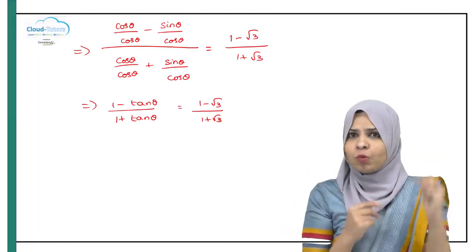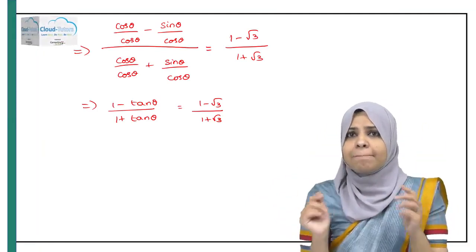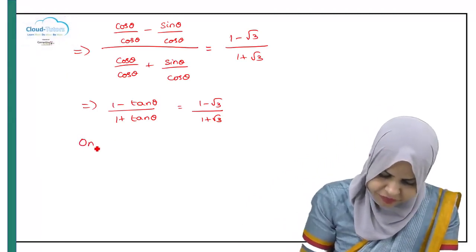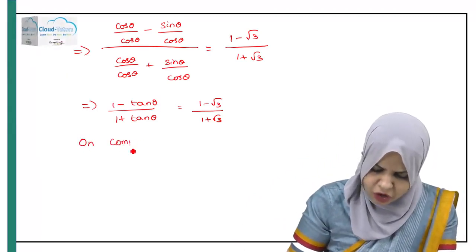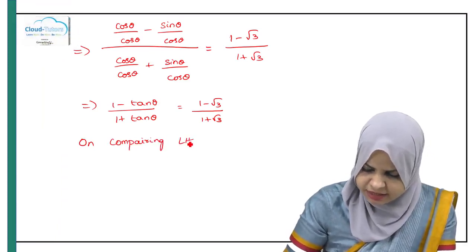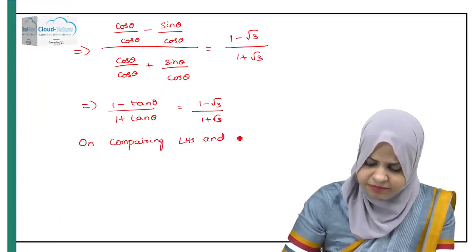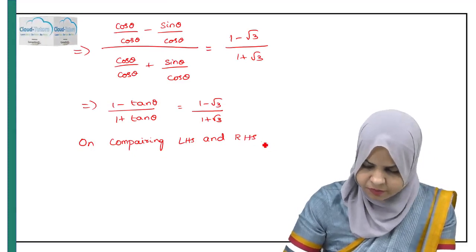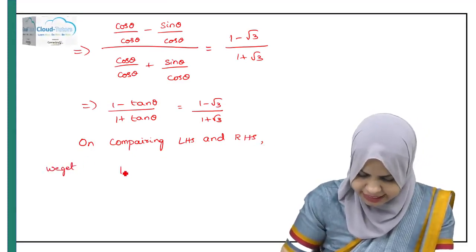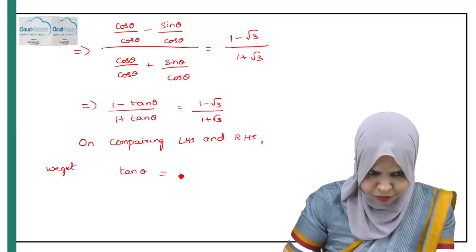So as you see, 1, 1, minus, minus, plus, plus. So I can say that on comparing LHS and RHS, we get tan theta equal to root 3.